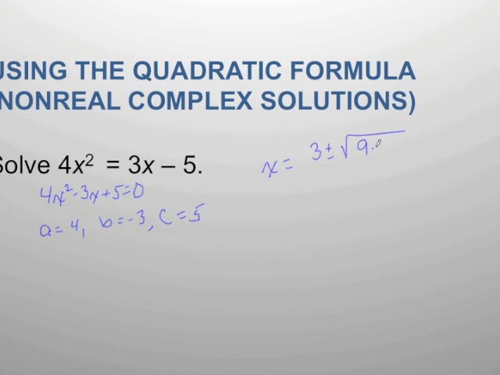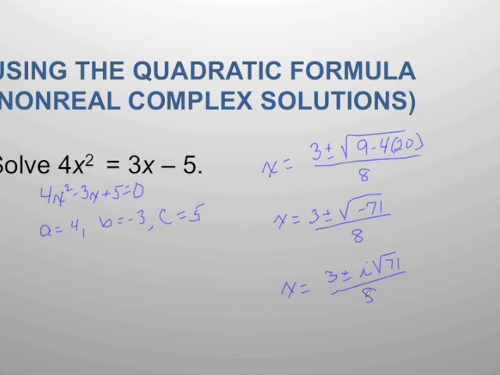Negative 3 squared is 9, minus 4 times a times c. a times c would be 20, all over 2a. 2 times 4 is 8. x will equal 3 plus or minus the square root of negative 71 over 8, or x will equal 3 plus or minus i times the square root of 71 over 8.